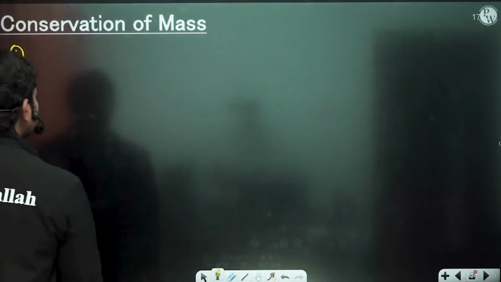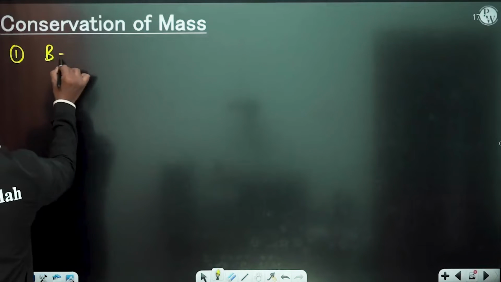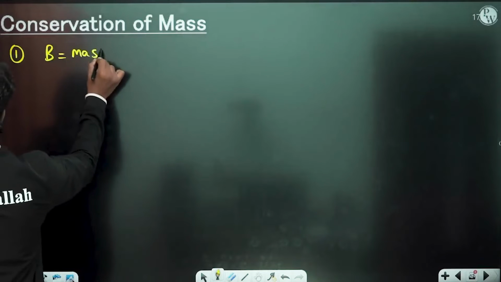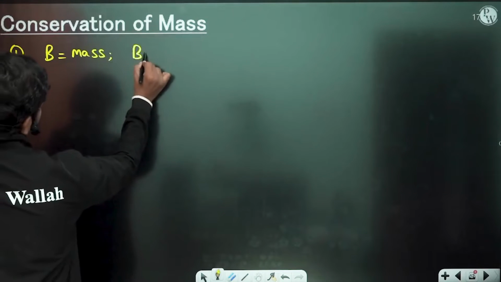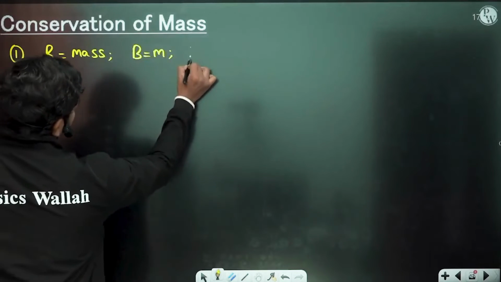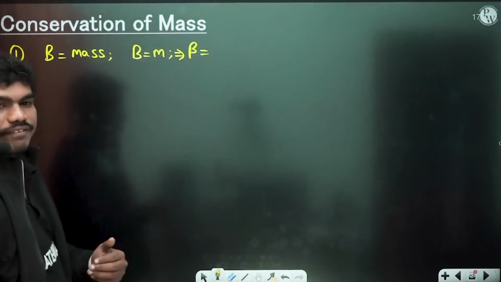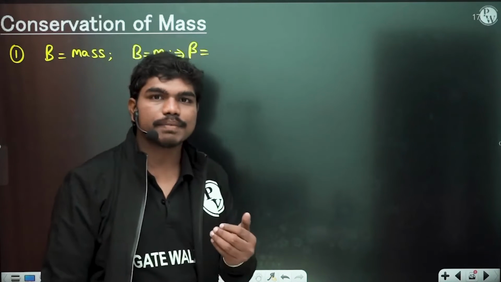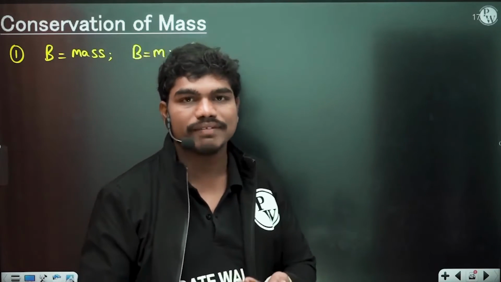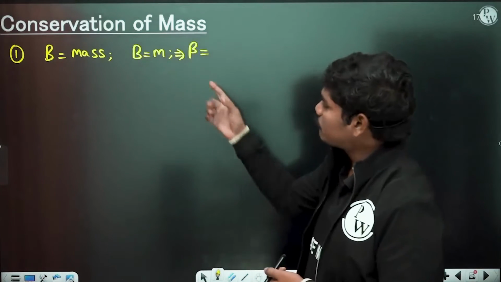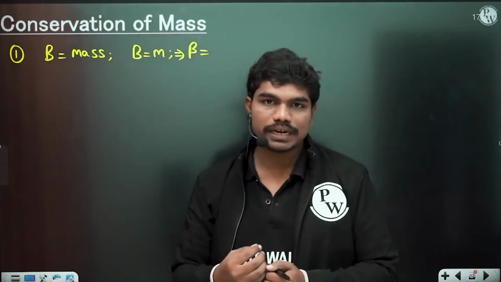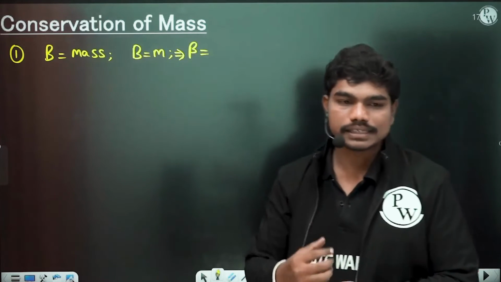Let us take our first quantity B as mass. Then what will be beta? If B is mass, beta is the quantity per unit mass, B divided by M, the mass of the system.